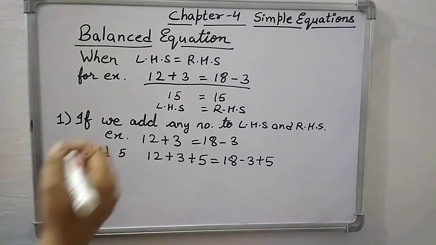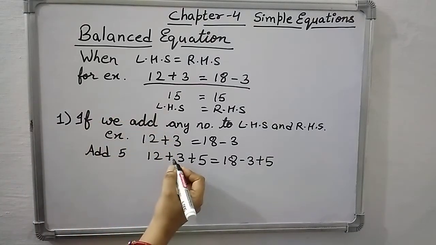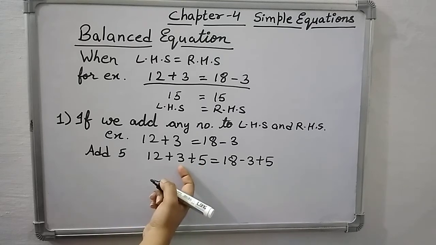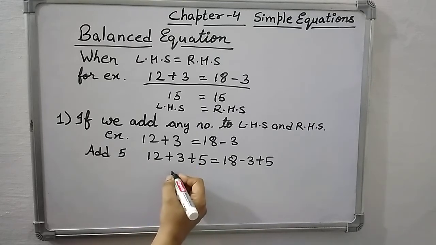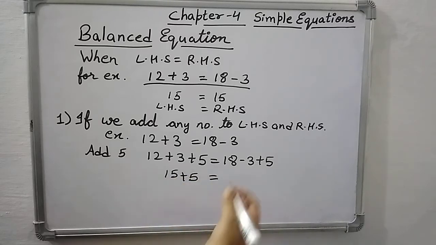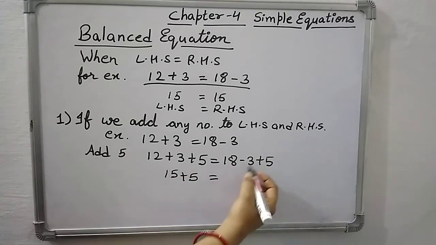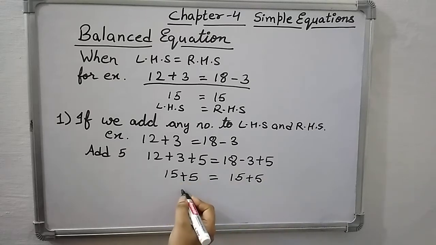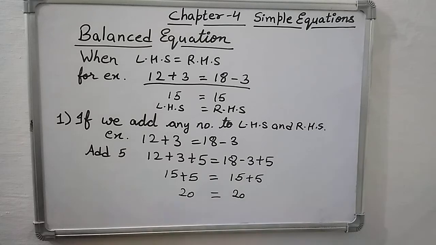Let's check out the value of LHS and RHS. So value of LHS is 12 plus 3, 15 plus 5, equal to value of RHS 18 minus 3, 15 plus 5. This gives LHS as 20 and RHS also as 20.